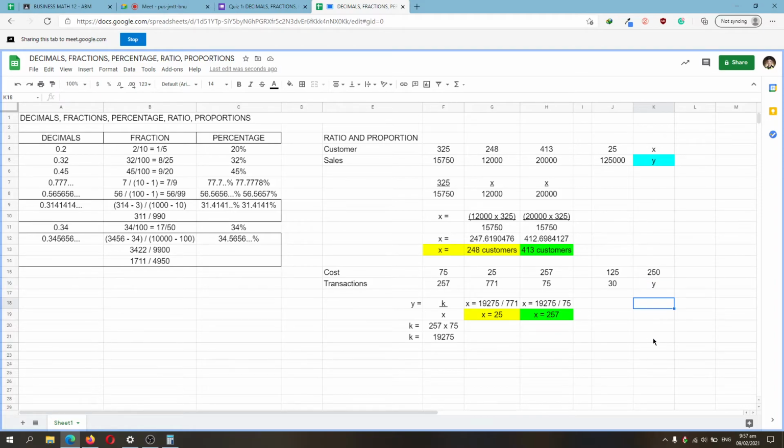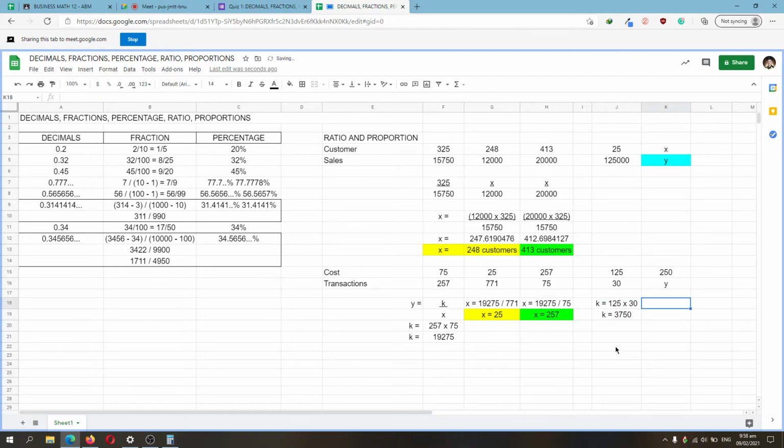So, kunin natin yung K. So, that is equivalent to K is equal to 125 multiplied by 30. So, ano sagot natin dito? That is equivalent to 125 multiplied by 30. So, that is 3,750.